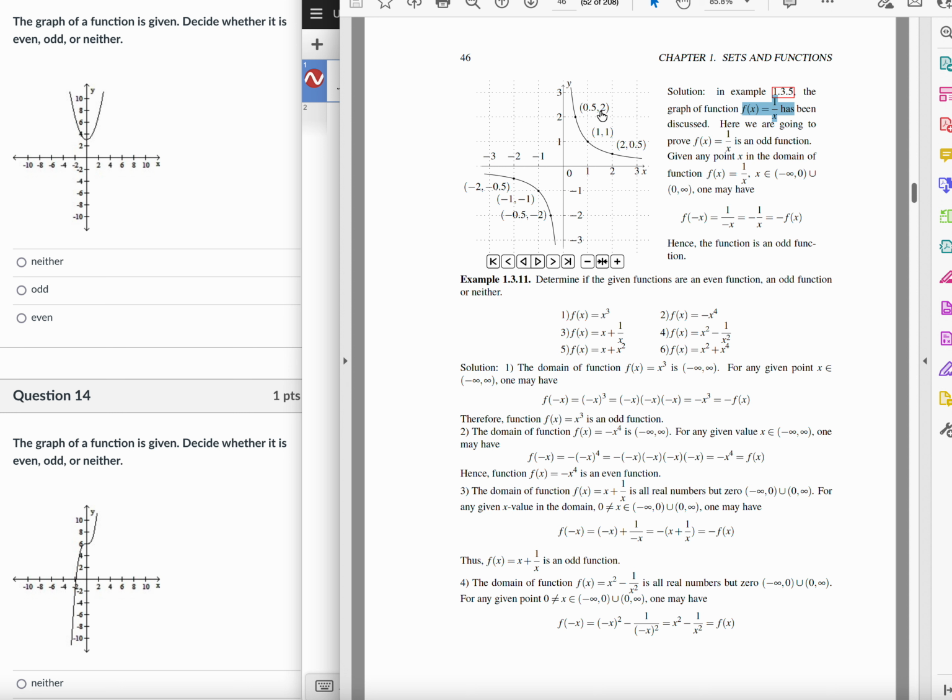So basically those two values, 0.5, 2, this point, and -0.5, -2, those two are symmetric with respect to the origin. You see, when you connect those 2 points, this dotted line goes across the origin.